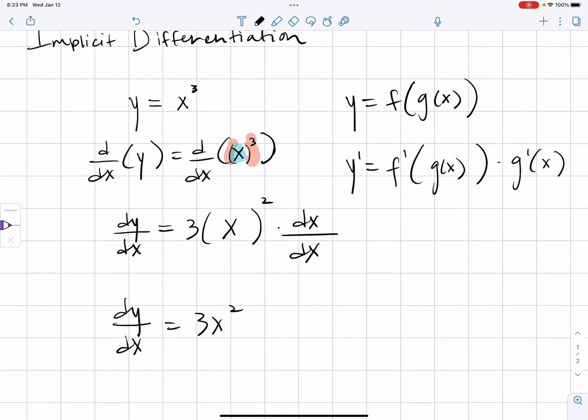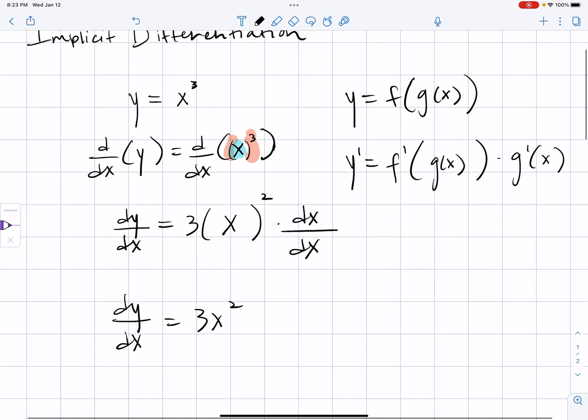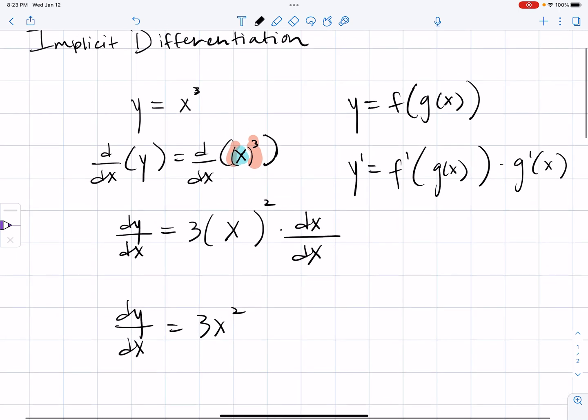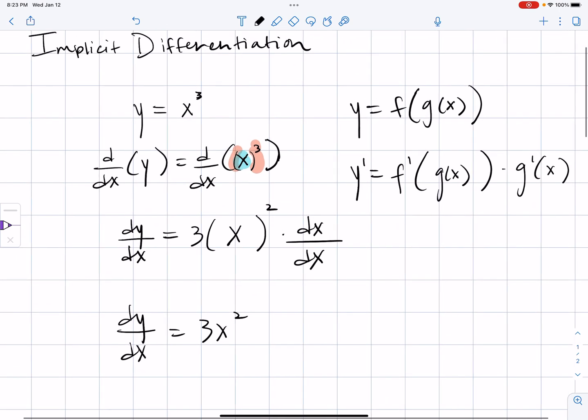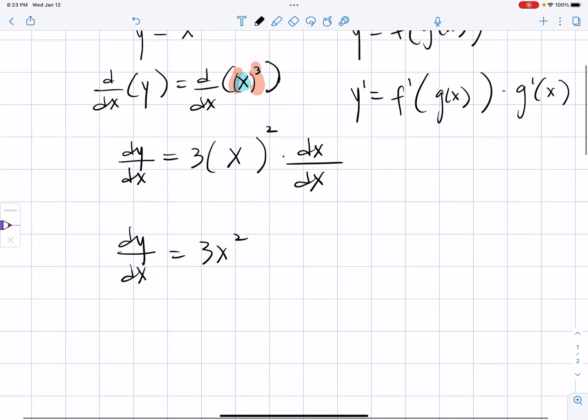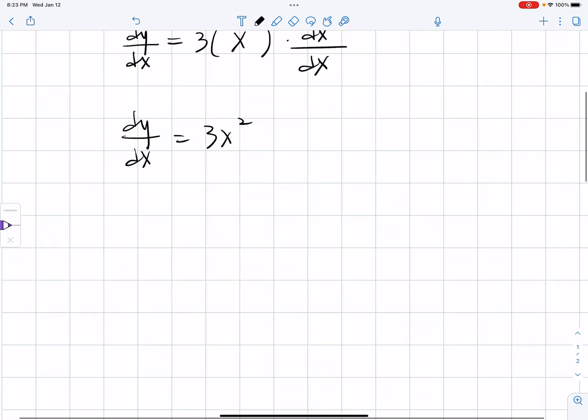It makes sense to just use our regular rules of differentiation: power rule, product rule, quotient rule, chain rule. But you can also think of it from an implicit differentiation perspective, which might be helpful then.